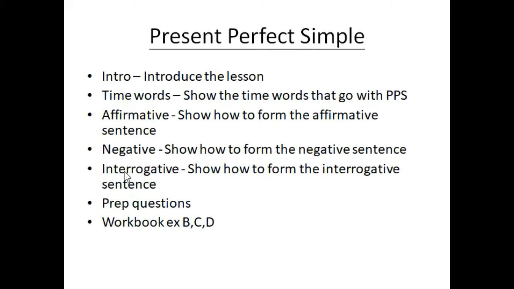And then she'd do the interrogative, which is a question form, and she would show how to do that. And then she would do some prep questions, which would test the kids. And then she would start with the workbook and do exercises B, C, and D.